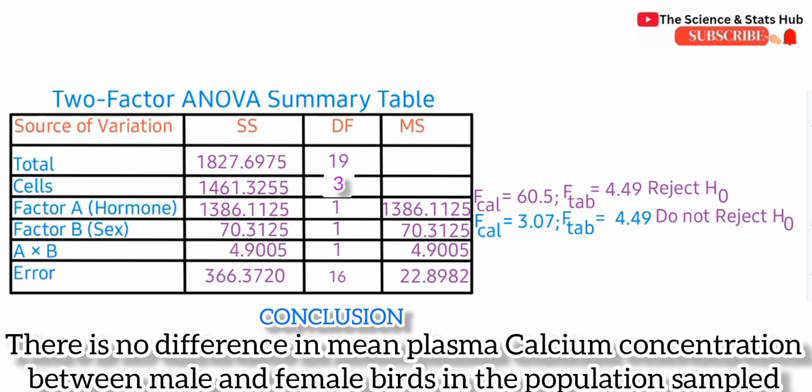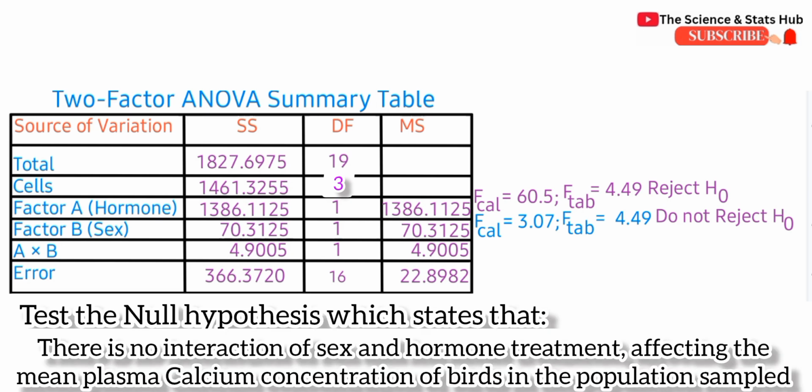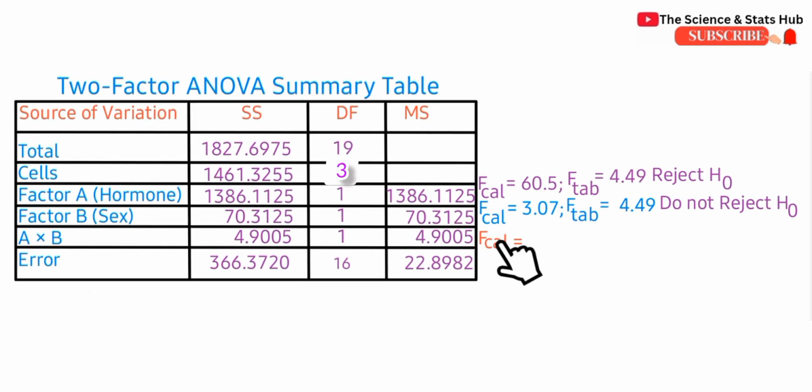in the population sampled do not differ. Now let's test the last hypothesis, which states that there is no interaction of sex and hormone treatment affecting the mean plasma calcium concentration of birds in the population sampled. So F calculated for interaction will be interaction mean of squares divided by error mean of squares, which is equal to 0.214.